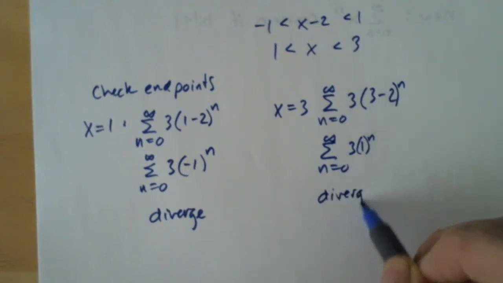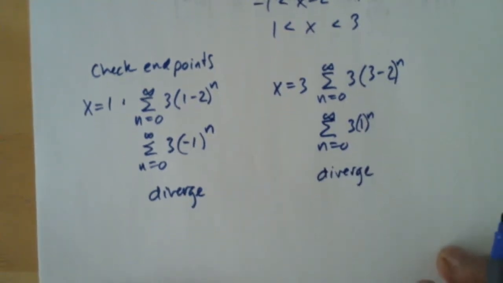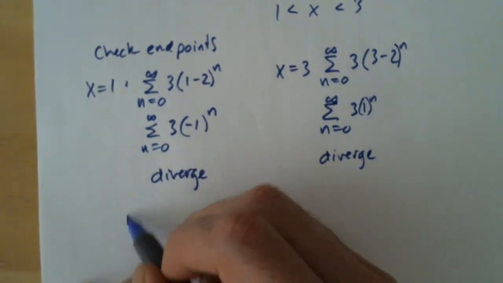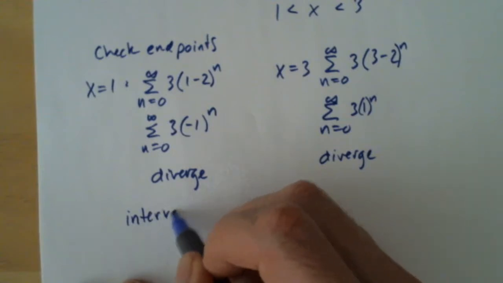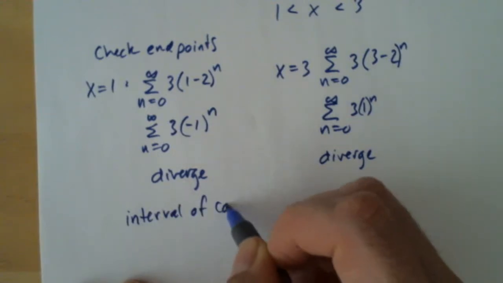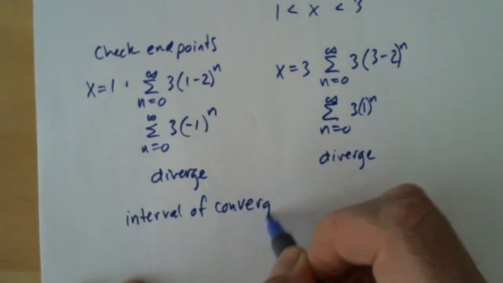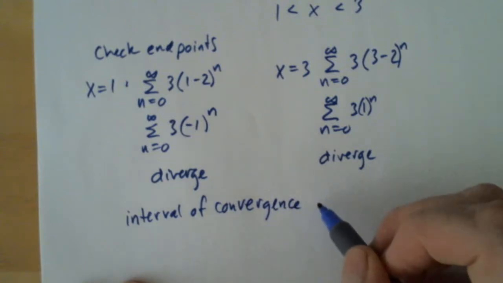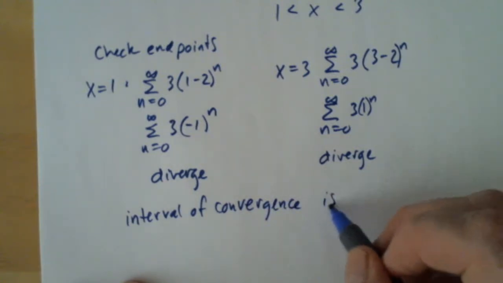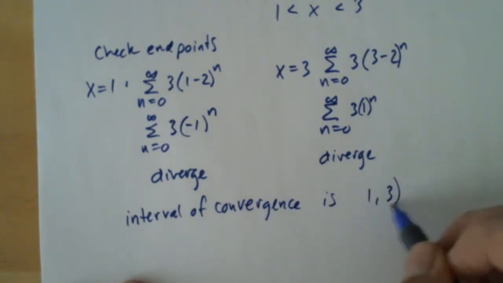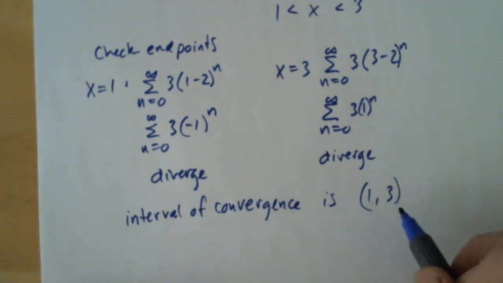We're just adding 3 infinitely. All right. So the series does not converge at the endpoints. So now we say that the interval of convergence is from 1 to 3, not including 1 and 3.